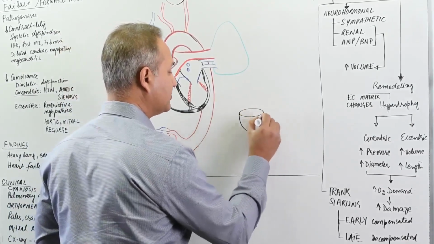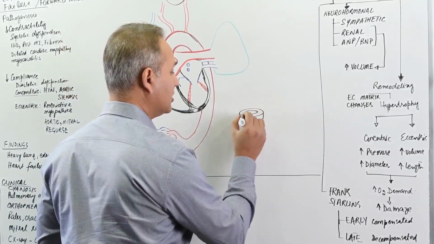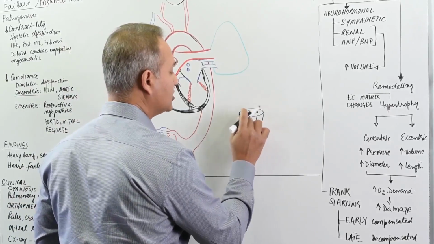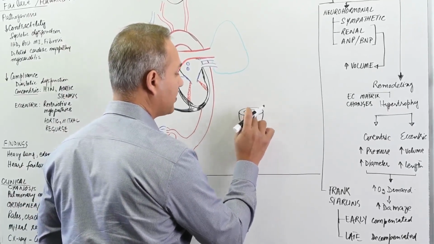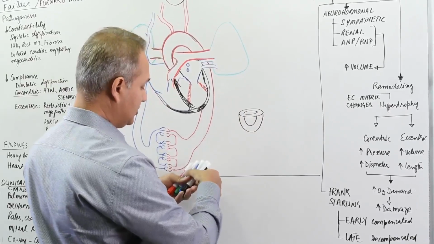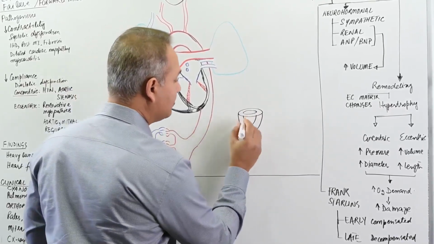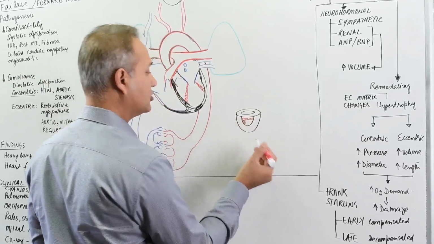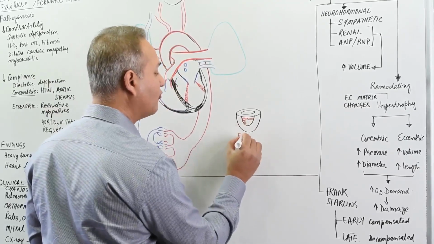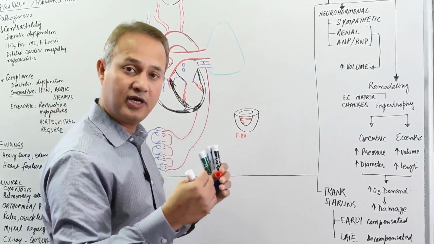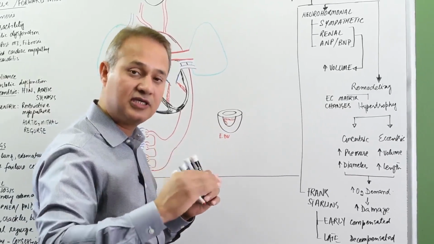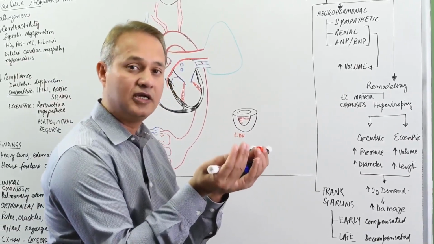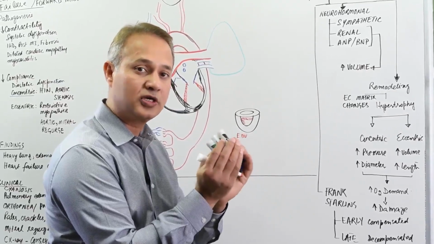This is a normal ventricle, and let's say the way this ventricle is working is that blood comes into the ventricle and fills up to a particular amount. That is the end diastolic volume, the amount of blood present in the ventricle at the end of diastole. This is the amount of blood on which the heart is going to work to eject it.